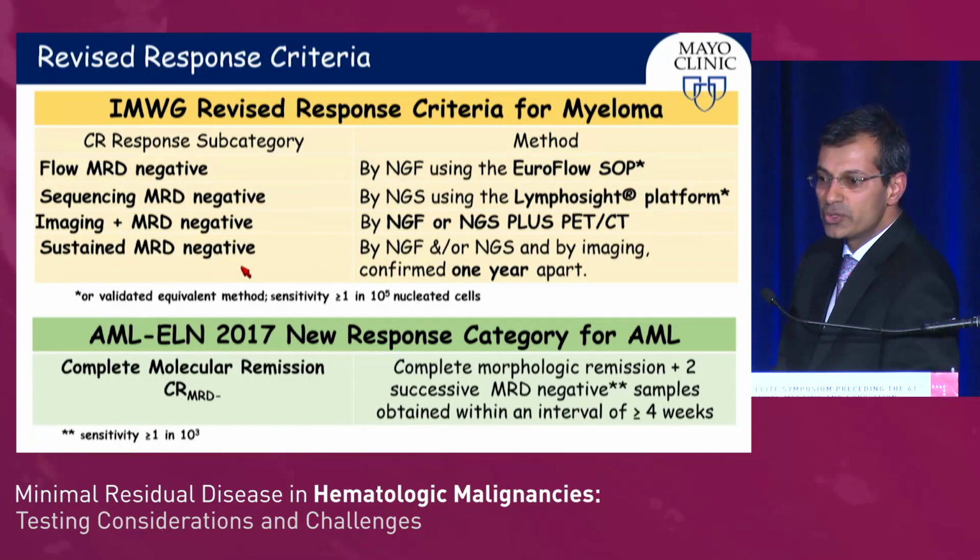What is also important to note is that sustained MRD negativity is included as a response subcategory if patients remain in an MRD negative state at least 1 year apart.